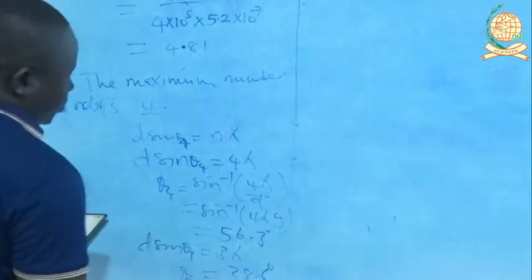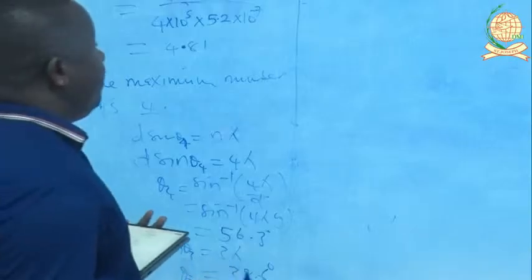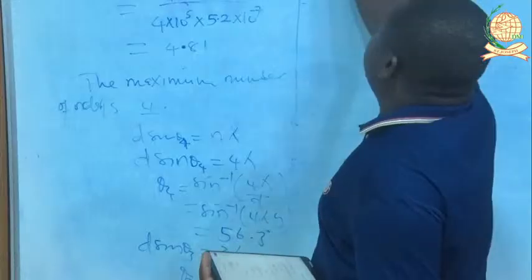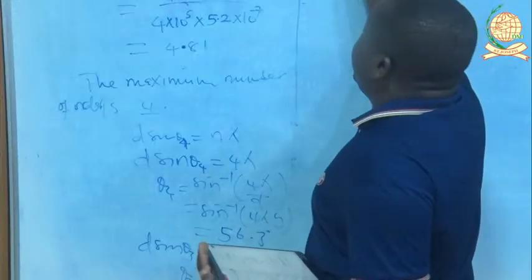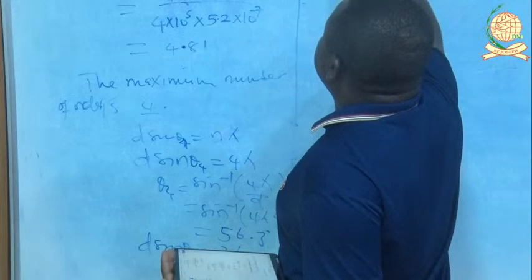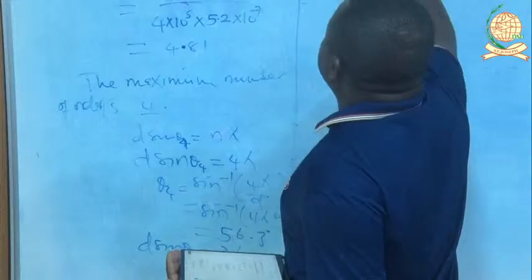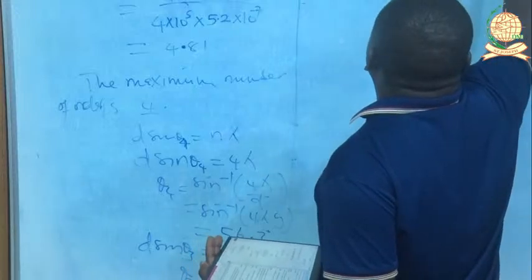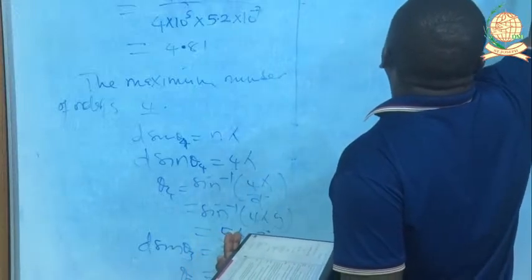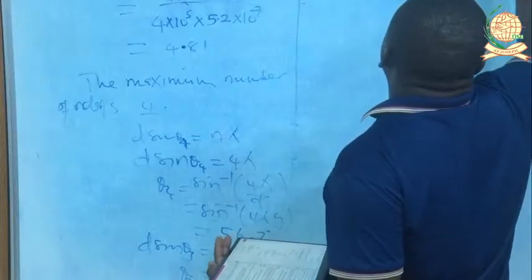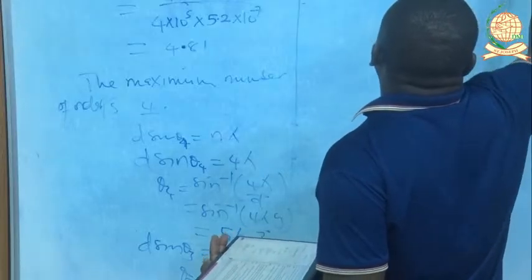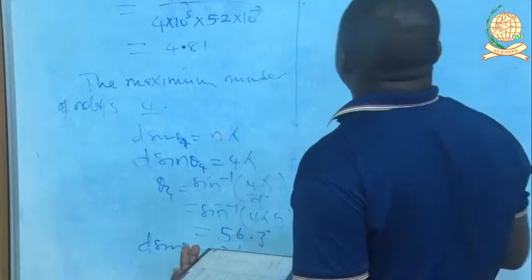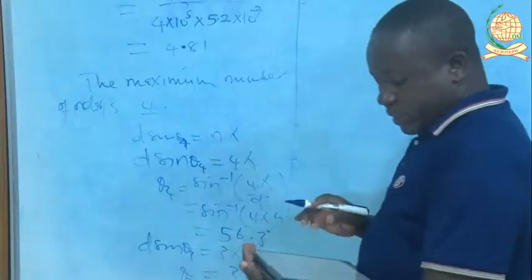After getting the two angles for third and fourth order, the angular separation equals theta 4 minus theta 3, 56.3 minus 38.6, you get the answer there. That will be the angular separation.